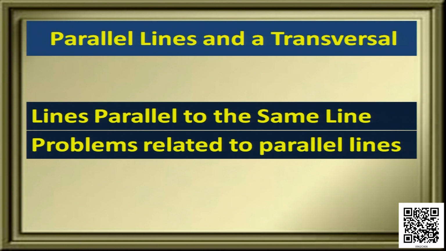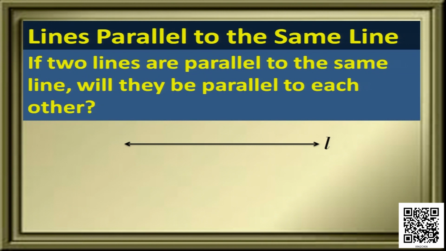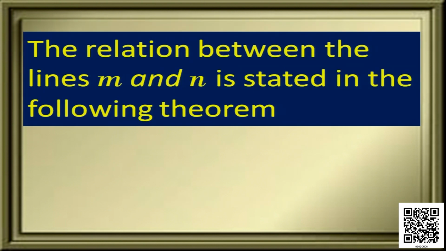So let's have a look at the picture. A line is there. If some other lines are parallel to this, then what happens? If two lines are parallel to the same line, will they be parallel to each other? Let's draw two lines, M which is parallel to L, and another line N which is also parallel to L. Then will M and N be parallel?